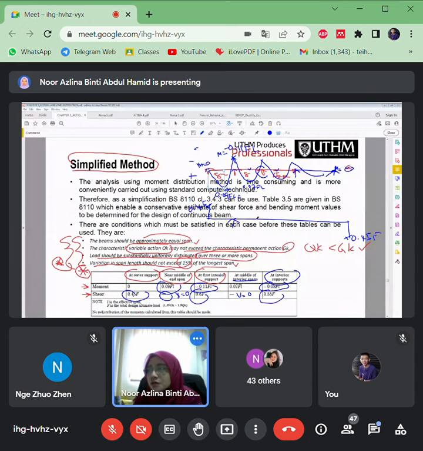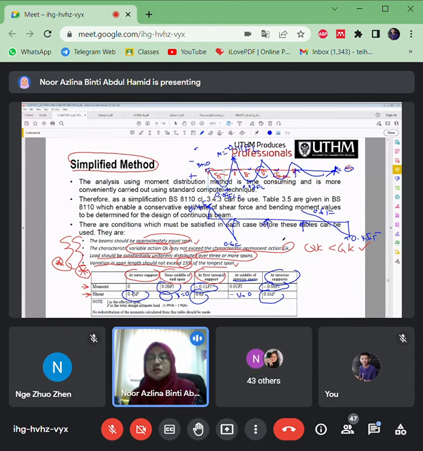So this is the first support. Okay, first support 0.65. This one also 0.65. At the interior support, you have other interior supports here.